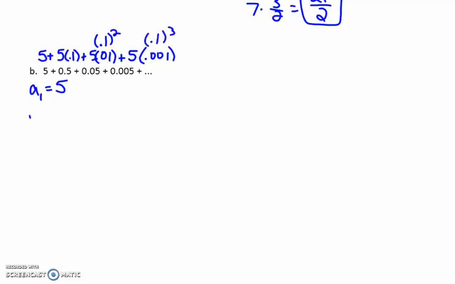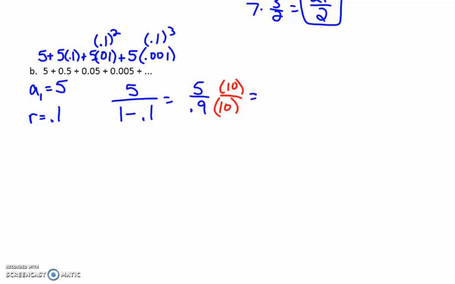So we know that our r is going to be 1/10 or 0.1. So we can use our formula, a sub 1 over 1 minus r, which is 5 over 1 minus 0.1. So that's 5 over 0.9. And then if we want an exact answer, if you multiply by 10 over 10, that's going to get rid of your decimal in the denominator. And so we end up with 50 over 9. And that is our answer if we want to give it an exact form, which we do.